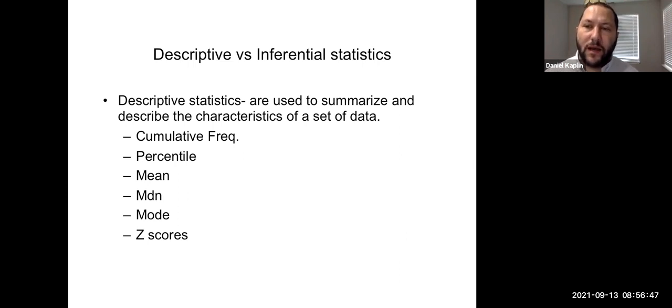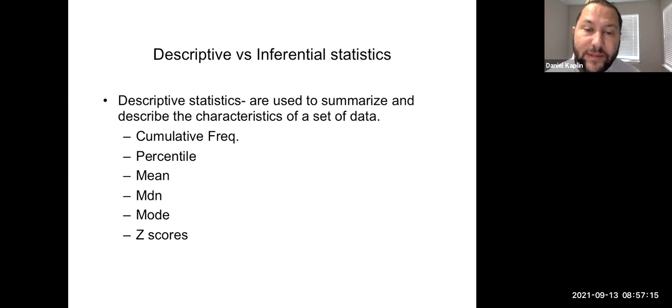So when we talk about descriptive statistics, they summarize or describe the data. Things like percentage, cumulative percentage, frequency, cumulative frequency, percentile rank, mean, median, mode, z-scores, things like that. These are all descriptive statistics.